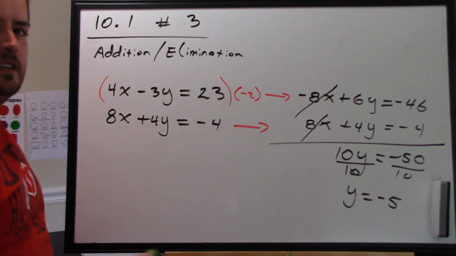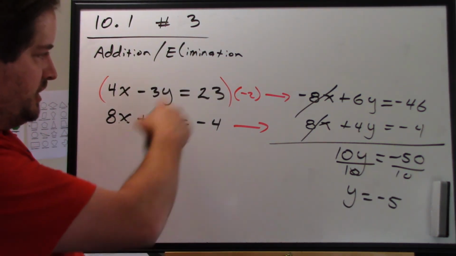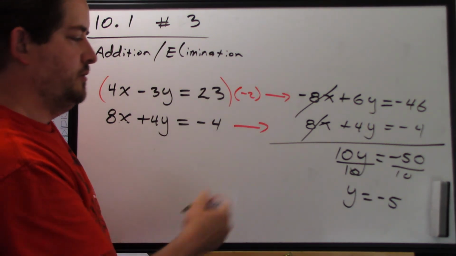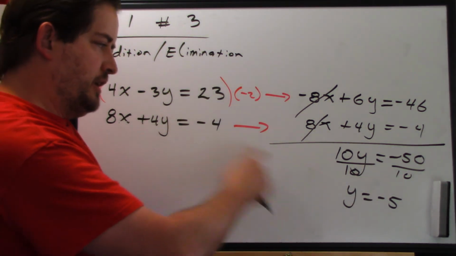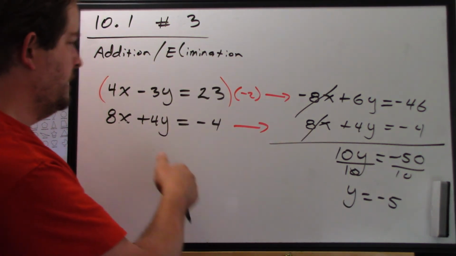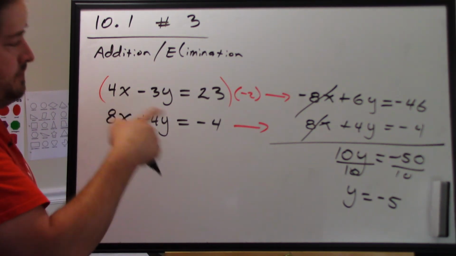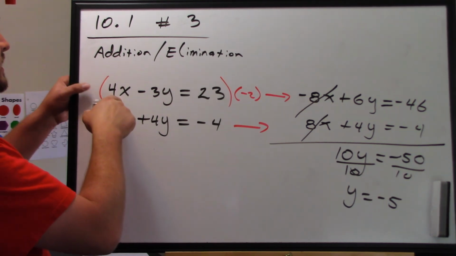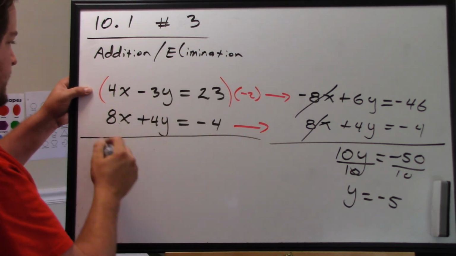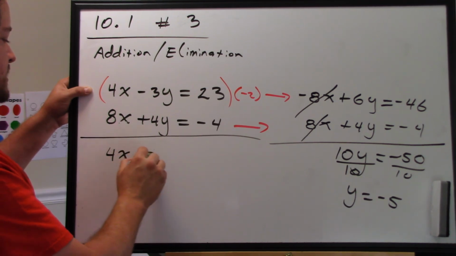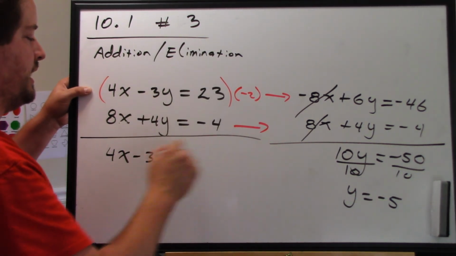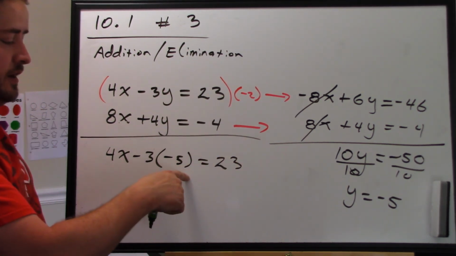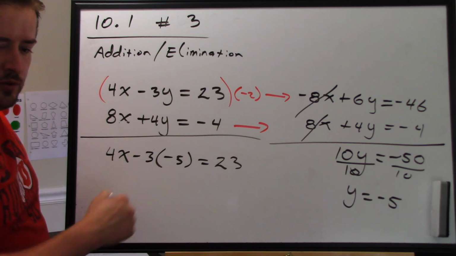In my opinion, this is typically fewer steps. The initial setup you have to be careful with, but it's quicker, I think, to get to that first variable, that first value. To figure out the other one, I'm just going to take y equals negative 5 and plug it into one of my original equations. It doesn't matter which one. I should get the same answer no matter what I do. I'll take the top one because they're smaller numbers. And so I have 4x minus 3 times, not y anymore, but negative 5 equals 23. I have one variable, so I should be able to solve this for that variable.